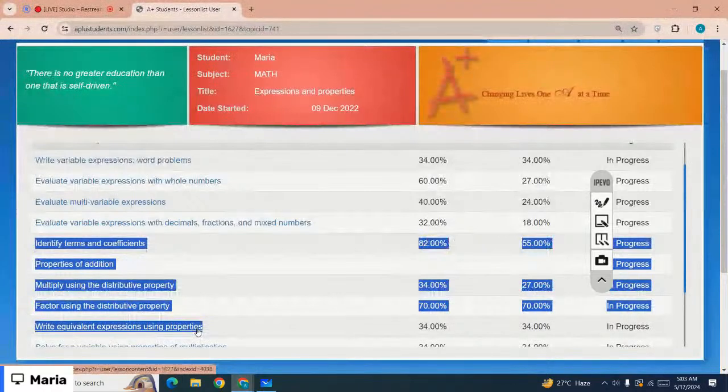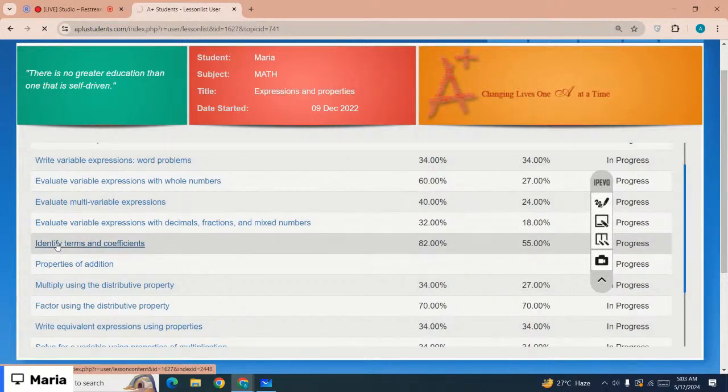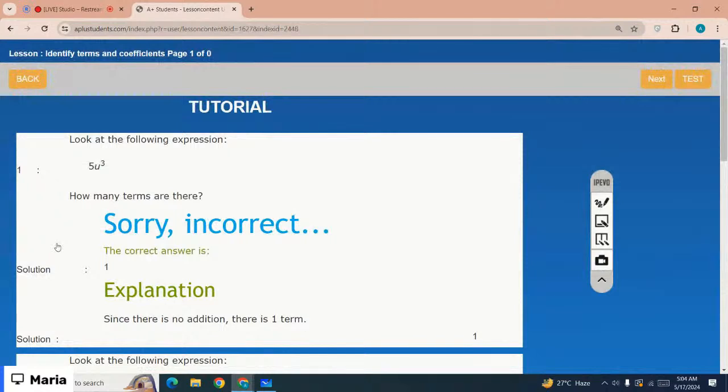Okay, here I'm on grade 6 math. The chapter we are on right now is expressions and properties. Let's just start with the lesson that is identify terms and coefficients. So, how many terms are there? 5u cube. You have only one term.